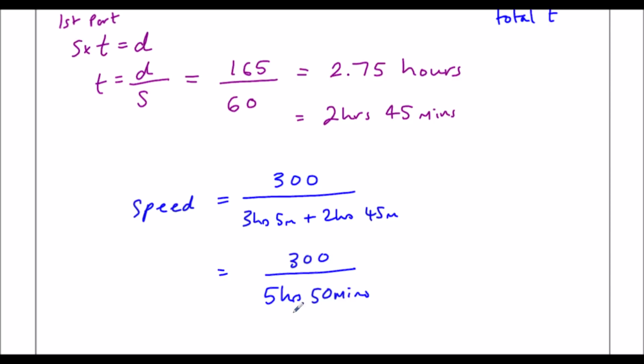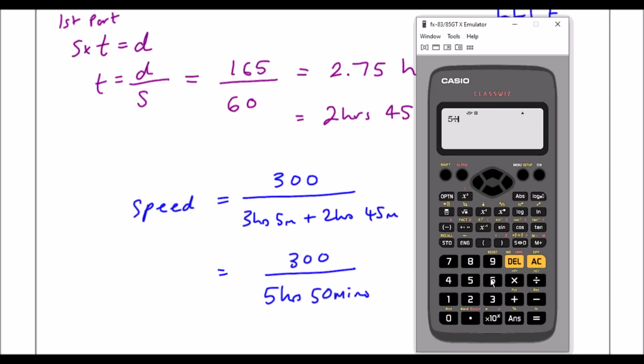We can either change this to a decimal, so 50 minutes, so it's 5 hours and 50 out of 60 minutes, or 5 and 5/6. 5/6 we could say is 5 over 6, which is 0.83. So it's 5.83 as a decimal.